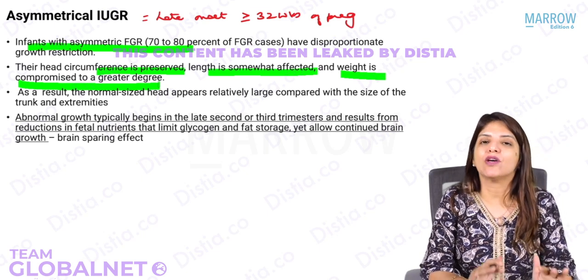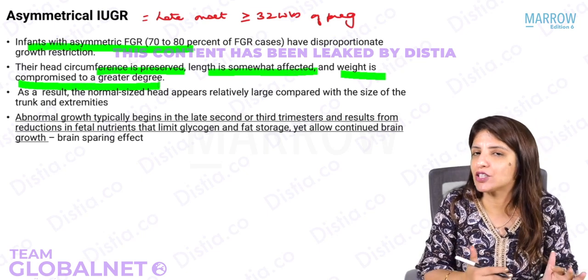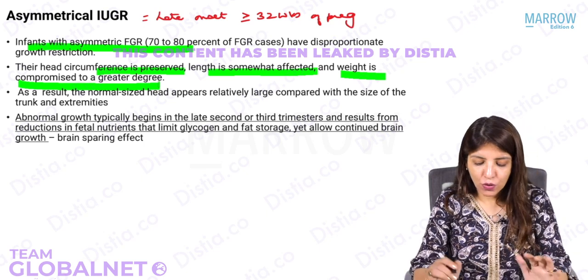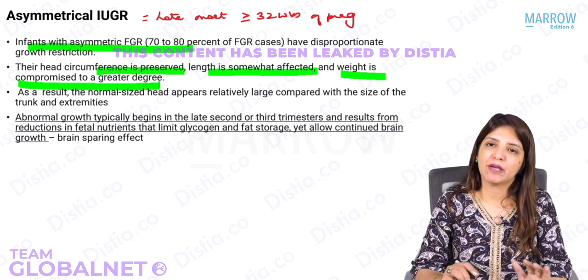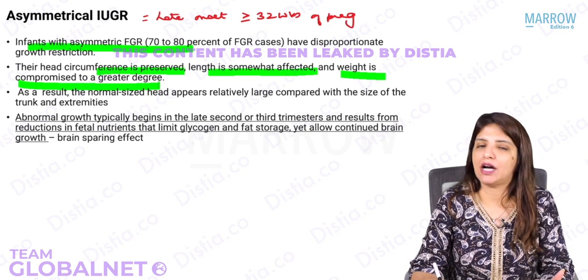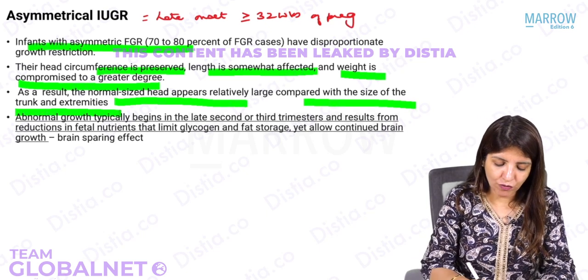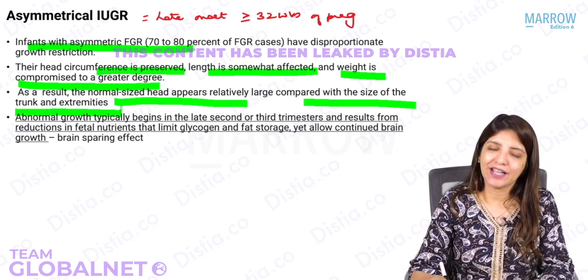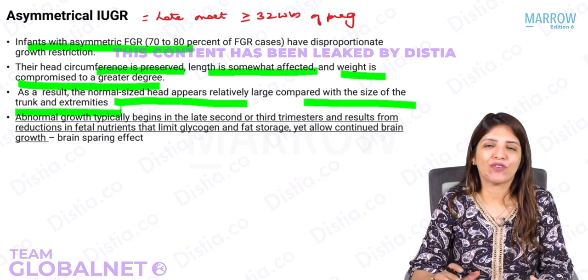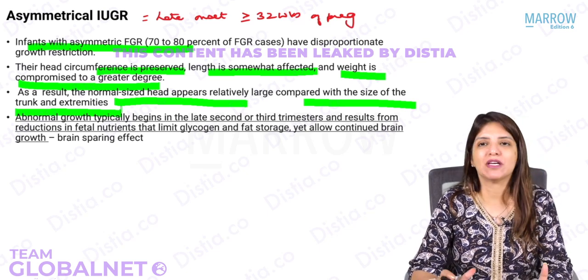So as you can see, all the organs are not affected proportionately, right? So when a baby is born with IUGR, the head of the baby will be normal as compared to the size of the trunk and extremities.